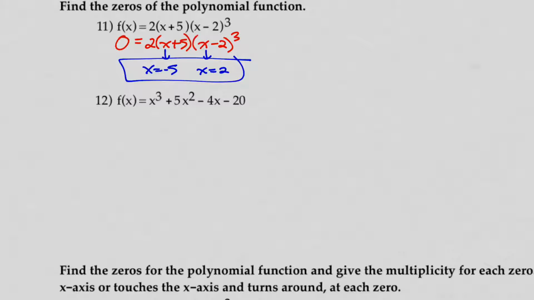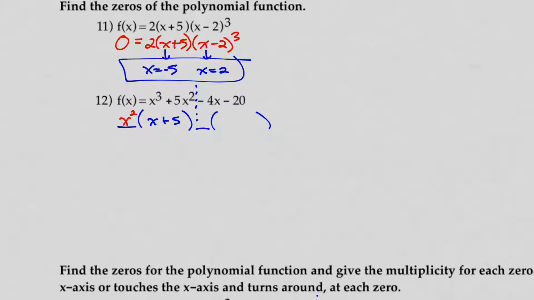And number 12, it's not set up for you, so you have to go ahead and factor this. We're going to try to do grouping instead of doing synthetic division and whatnot. We're going to just try to factor it. So this one's factorable because if you look, the GCF of group 1 is x squared, which produces x plus 5.